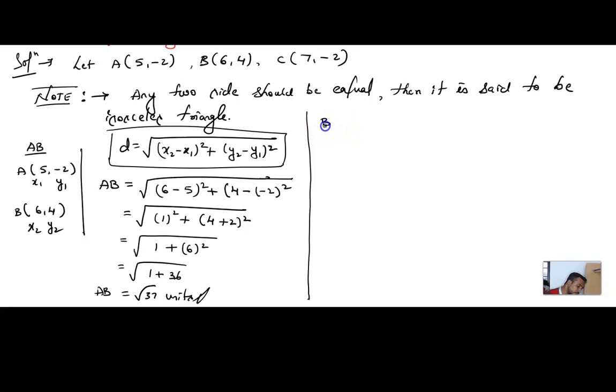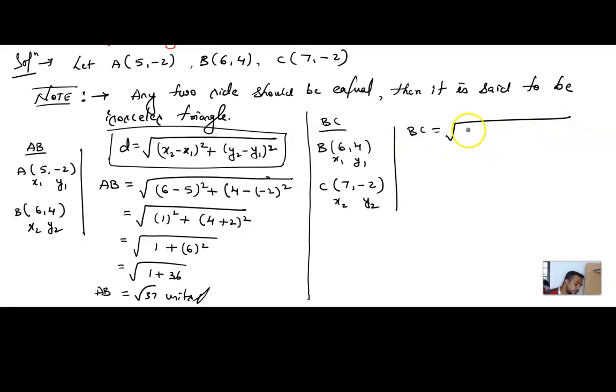Now let me find BC. What is the coordinate of B? That is (6, 4). What is the coordinate of C? That is (7, -2). So x1, y1, x2, y2. Now we can write BC is equal to root of (x2, that is 7, minus x1, that is 6) whole square, plus (y2, that is -2, minus y1, that is 4) whole square, that is root of (7 minus 6, that is 1) whole square, plus (-2 minus 4).